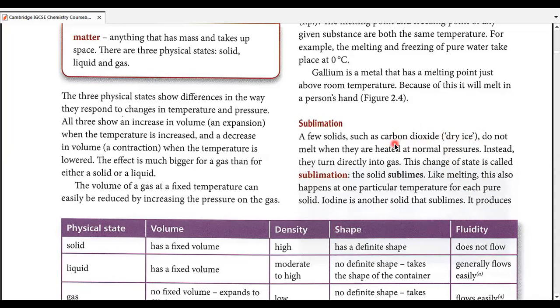Carbon dioxide, when it's frozen into ice, looks like ice, but is not wet because it does not contain any water, hence is known by the name of dry ice. It does not melt when heated at normal pressures. Instead, it directly turns into gas, carbon dioxide. So dry ice would be converted into carbon dioxide.